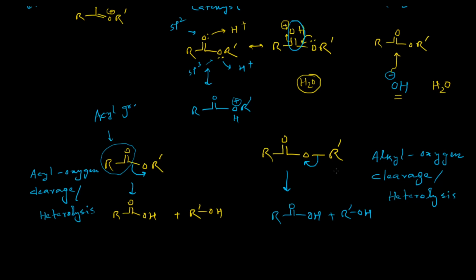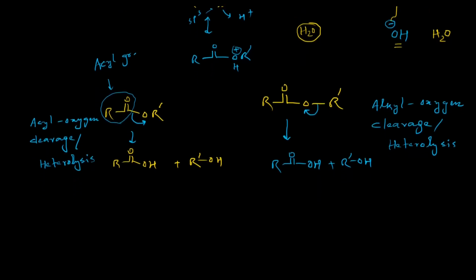So there are two types of bond breaking that can be involved. One is acyl oxygen cleavage or acyl oxygen hydrolysis. Another is alkyl oxygen cleavage or alkyl oxygen hydrolysis. And based on these above facts, 8 types of mechanisms are there for ester hydrolysis.